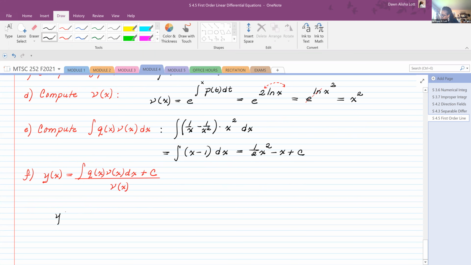So y of x is equal to 1/2 x squared minus x plus a constant over nu of x, which is x squared.